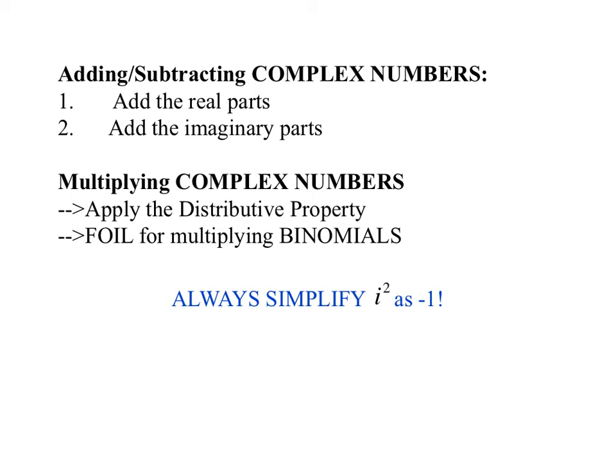When you're multiplying, you're going to just remember the distributive property and FOIL when you've got binomials that are multiplying. And this is where we'll actually need to use this definition here for i squared. So anytime i squared shows up as you're simplifying, you'll always want to replace it with negative 1 and finish the simplifying with that value.